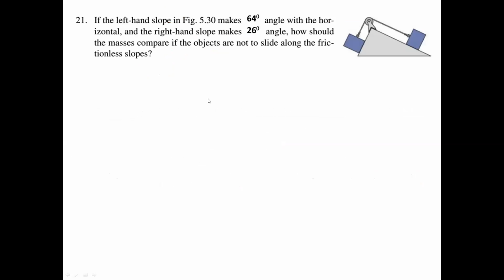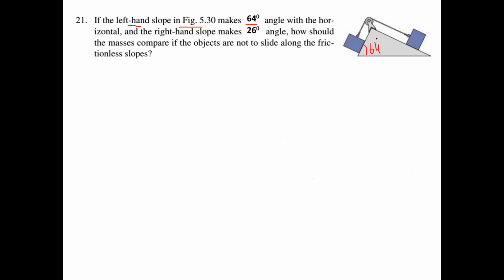No? Second one then. You have a setup like this: two inclined planes, two weights here, and two masses. The left-hand slope angle is given as 64 degree. This is 64 degree.